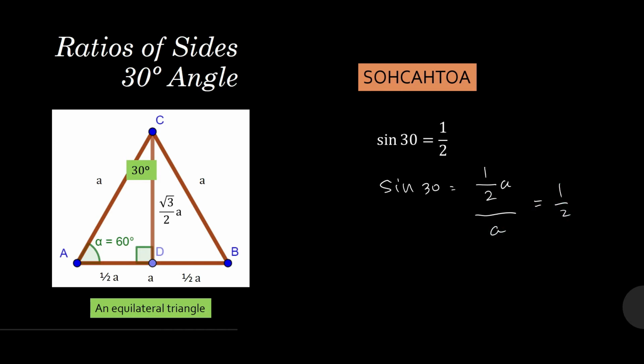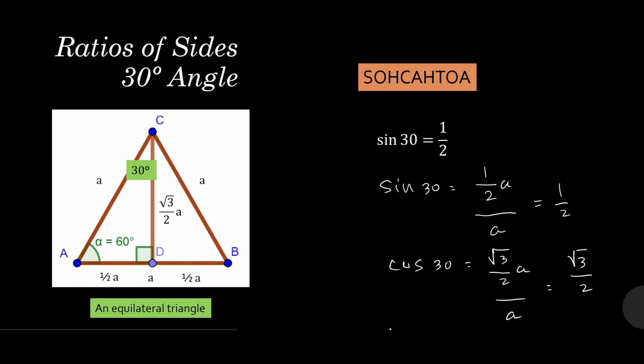Sine of 30 degrees is 1/2. How about cosine? Cosine is equal to the side adjacent over the hypotenuse. It's equal to square root of 3 over 2.